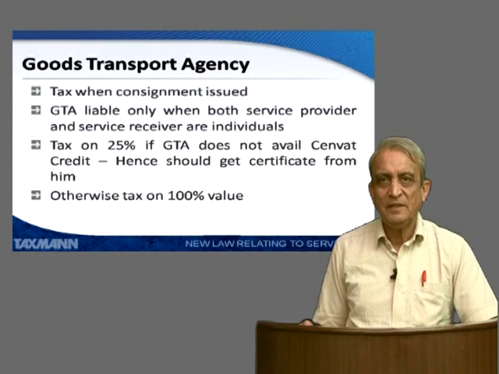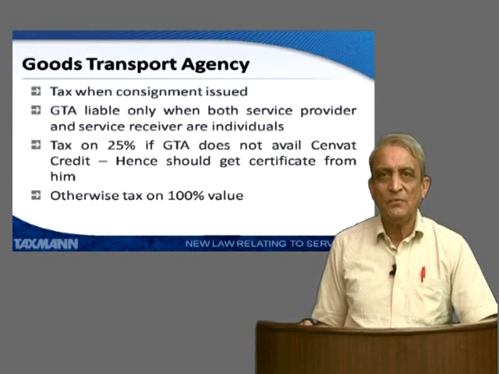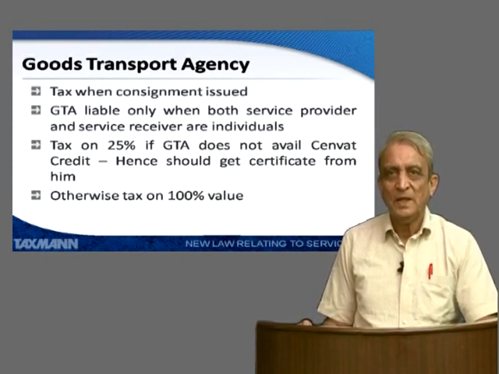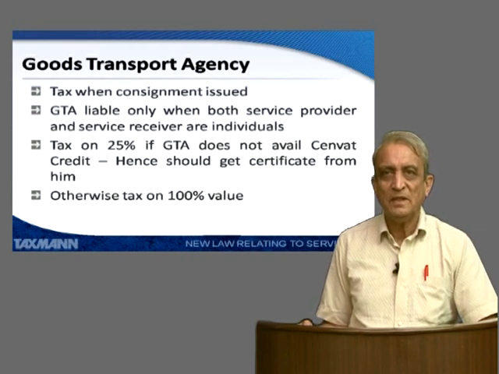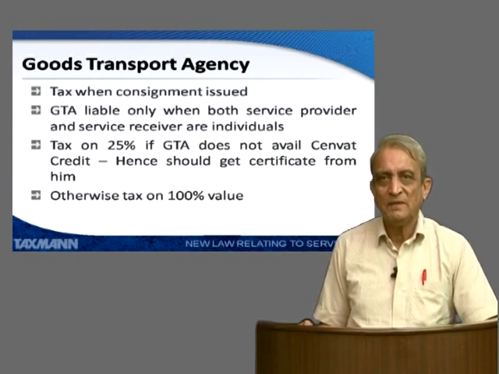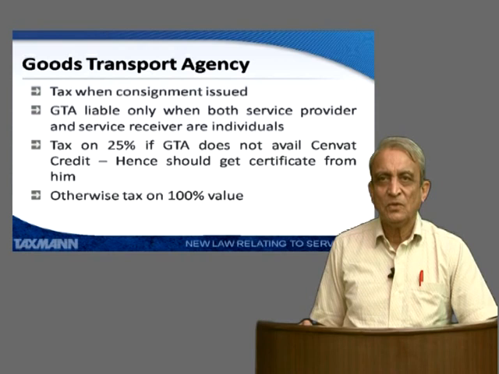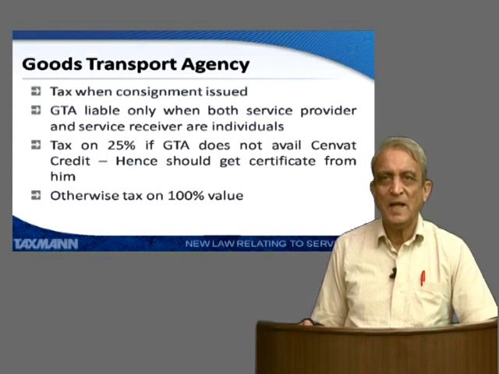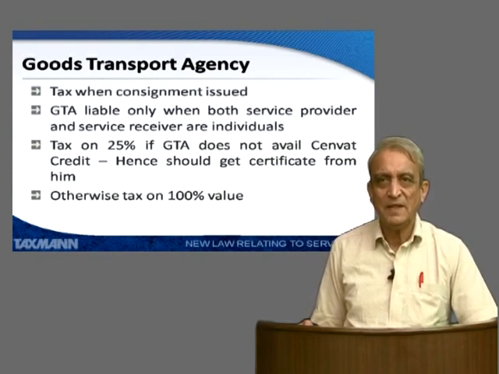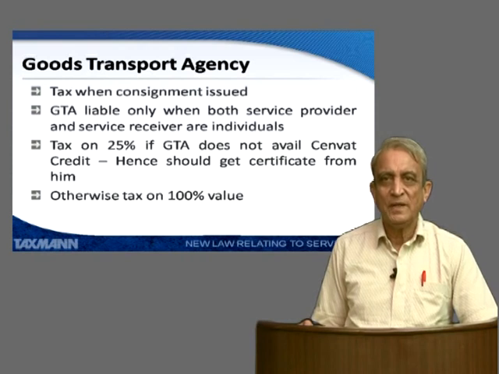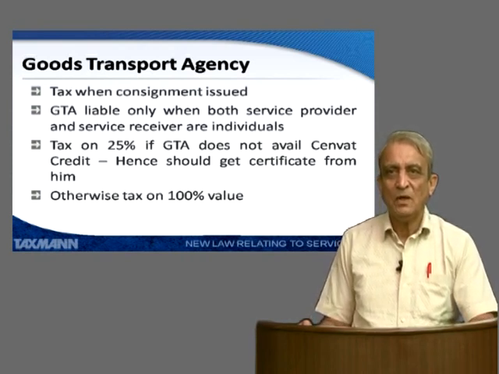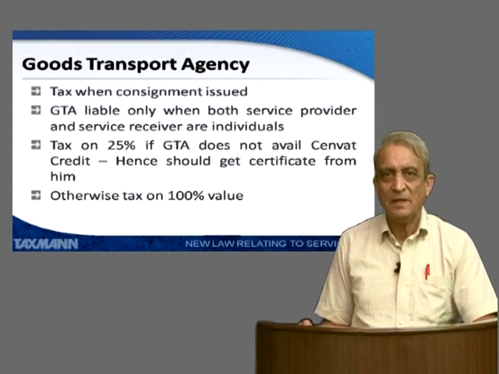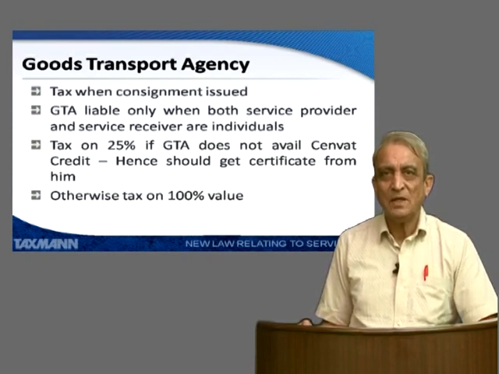Now, service tax is payable only on 25% of the amount if the goods transport agency does not avail the Cenvat credit. So, the service receiver who is liable to pay the service tax should obtain a certificate from the GTA, either on the consignment note or a bill or a separate letter, that he has not availed any Cenvat credit.